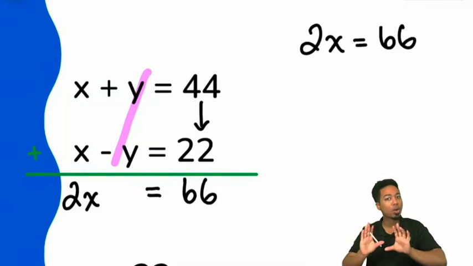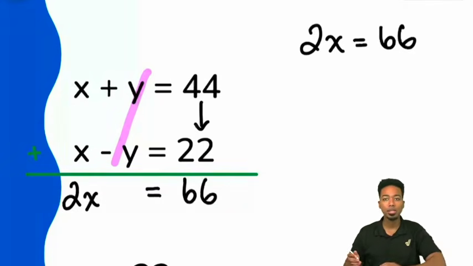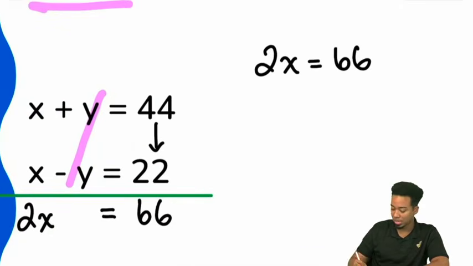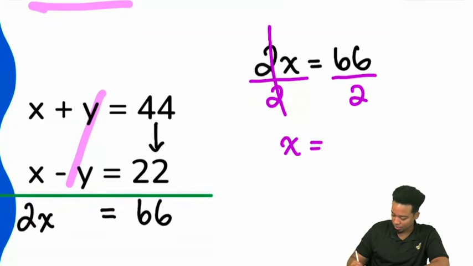So let's just figure out what x is, and then use that clue to get us back to y. Just like in the previous questions, we have 2 times x, so we'll divide 2 on both sides to get rid of the 2, leaving us with x equals 33.